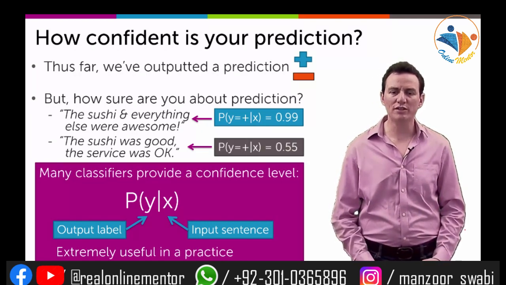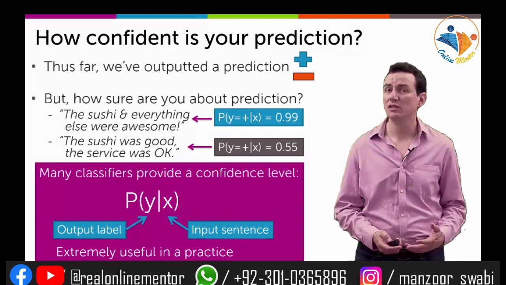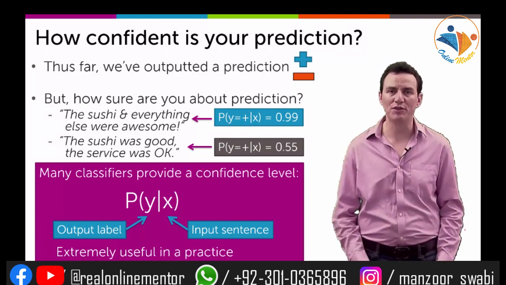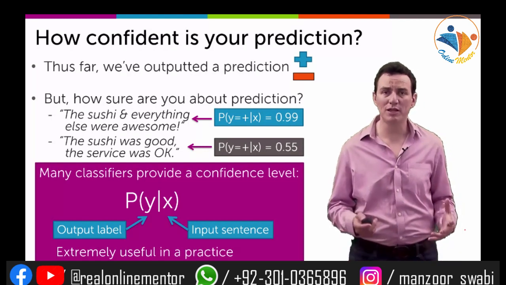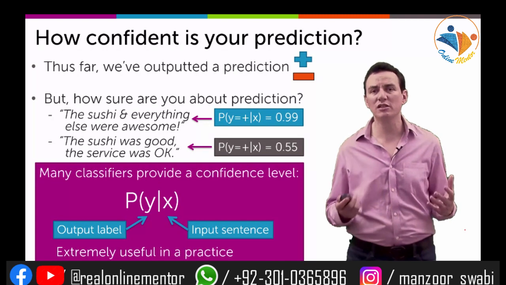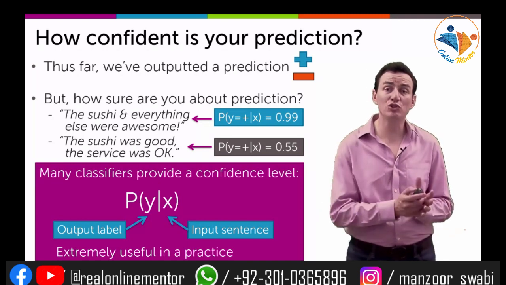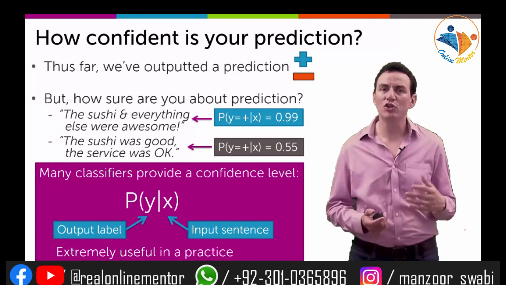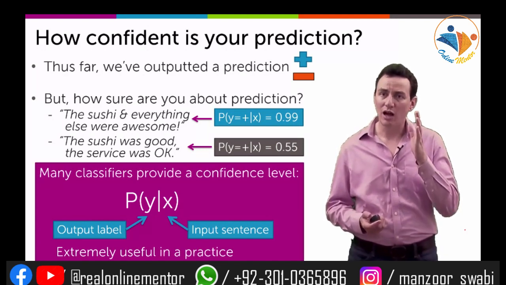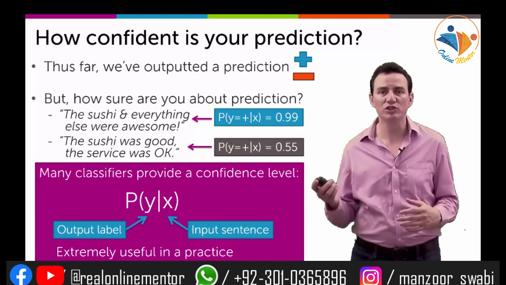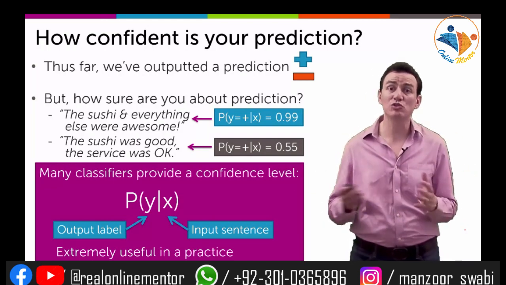While in the second one, the probability of being a plus given X is only 0.55 because I'm kind of uncertain about things. Predicting probabilities or level of confidence is extremely important. And as we'll see in the classification course, it allows you to do many things. So for example, when we know the probability, you can make decisions like what is a good decision boundary that trades off false positives and false negatives and balances between the two.